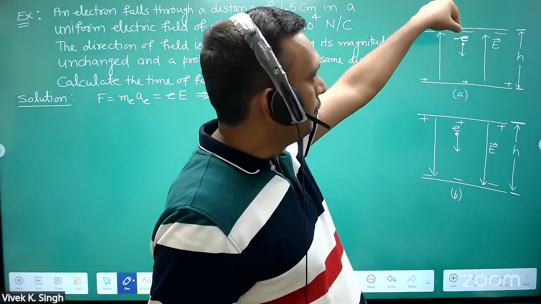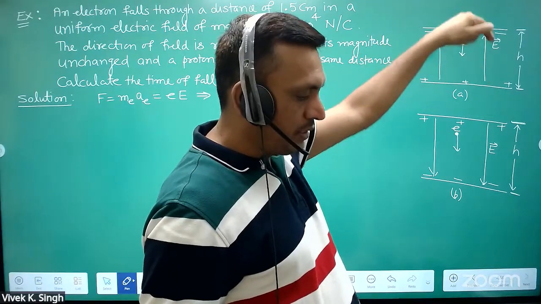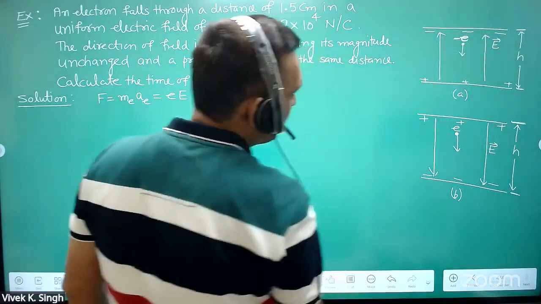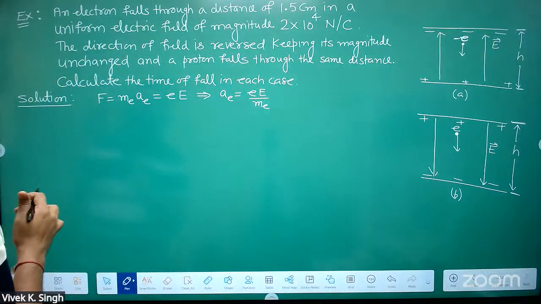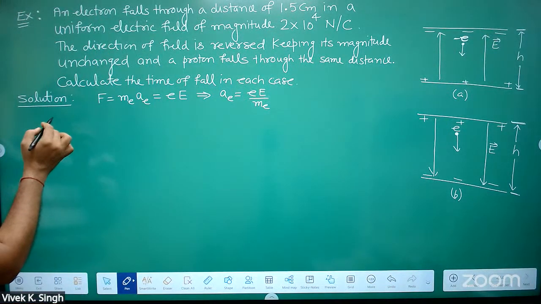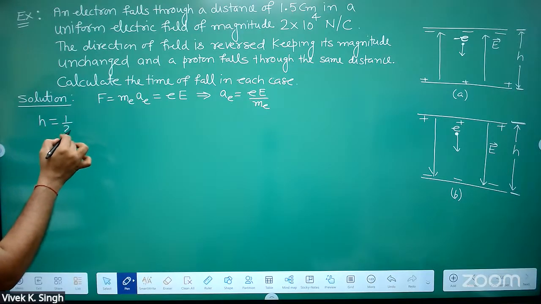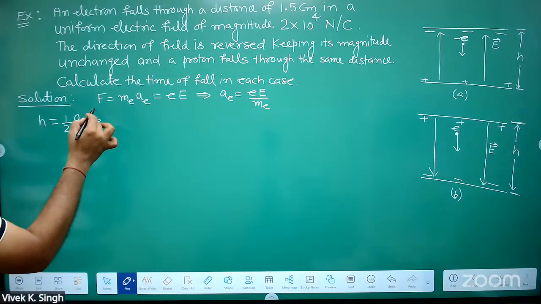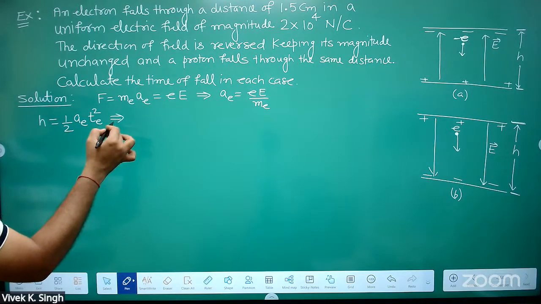Now what is the time taken to cover a distance h when initially it is released? So initial speed is 0. So here h is given by half a_e t_e square.